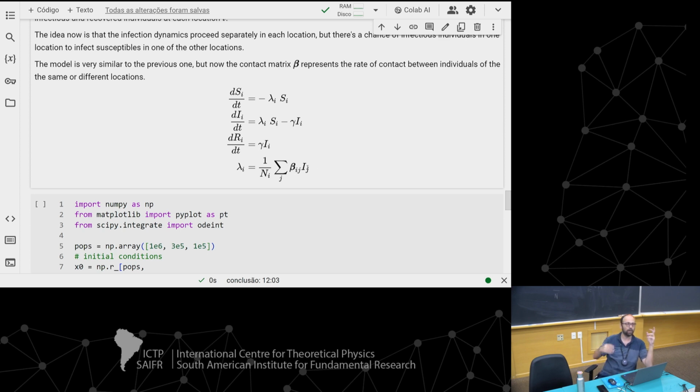Of course, this can happen, as I told you, in actually two different ways. It can happen by people from city J coming to city I, or people from city I going to city J and coming back.